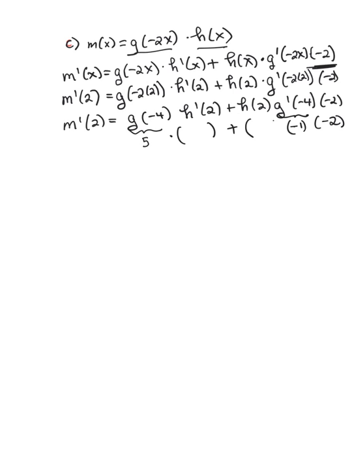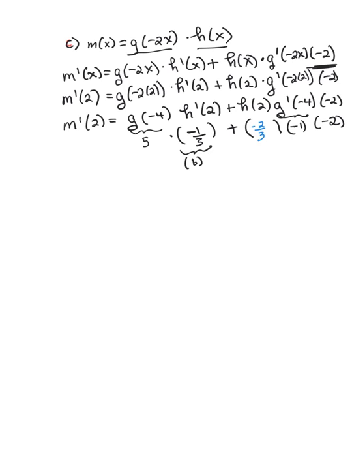Okay, now we have to fill in these. Now for this one, we have to go on the chart. We know that in part B, the derivative of h at 2 was -1/3. This is by part B. And h of 2, if we go back, I was a little bit surprised that year because they did great on that.